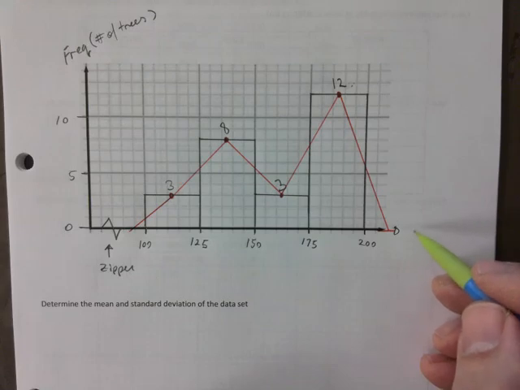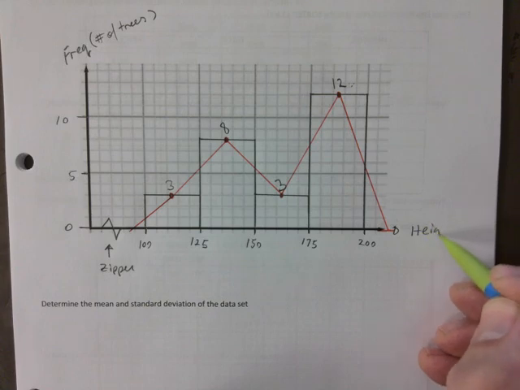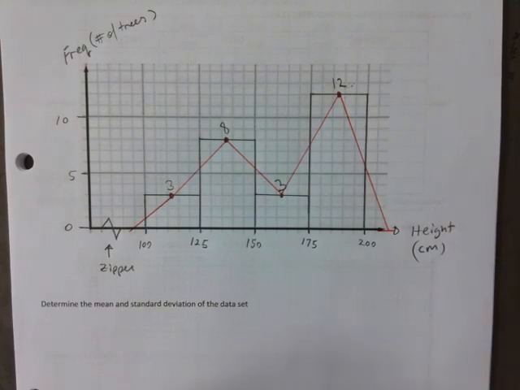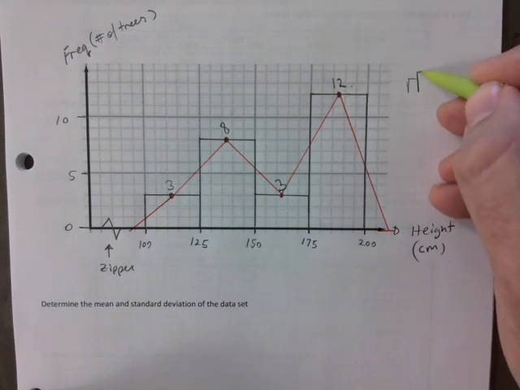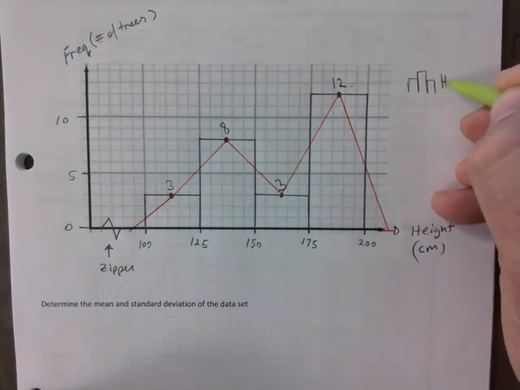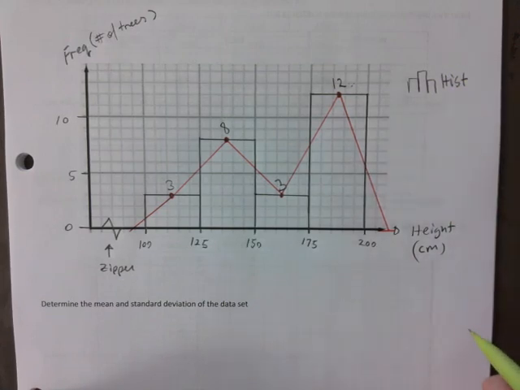What do I put as my label? You can go height of the trees in centimeters. That's what this represents in this case. So we're comparing the height of the trees and the amount of trees that follow each category. So again, just so you understand, this is the histogram, okay?